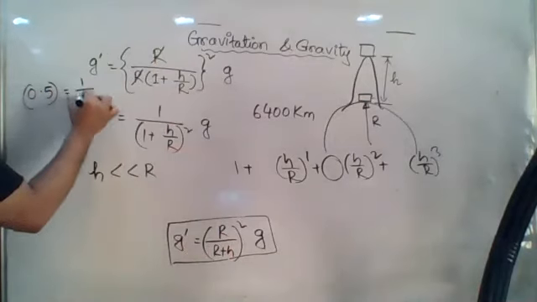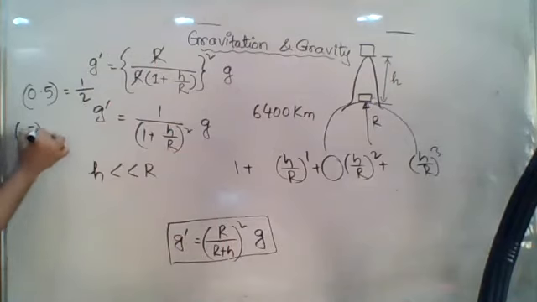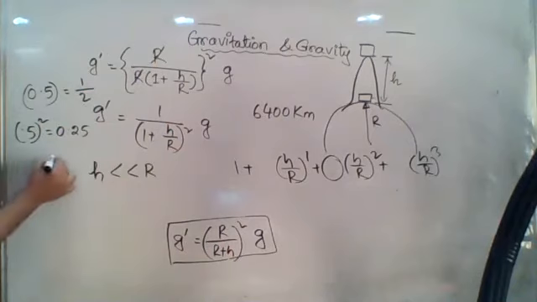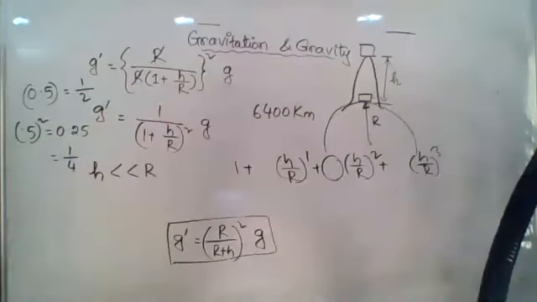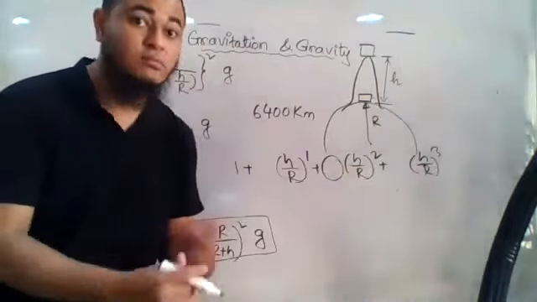That is actually 1 by 2, right? But if you take a square of it, 0.5 square, you will see that it has become 0.25, which is 1 by 4. So 1 by 2 and 1 by 4, definitely 1 by 4 is smaller. So when you took a square of it, it got smaller. If you take a cube of it, it will get smaller still.